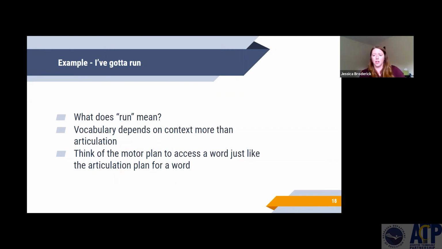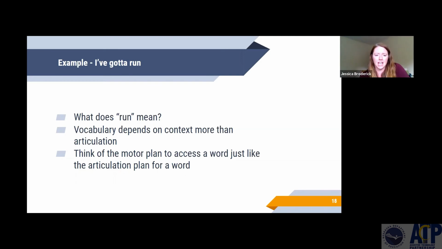The example I'd like to use for this is, again, that word run. If you are a speech language pathologist listening to this, you know that the R sound can be made with your tongue bunched up in the back of your mouth, or a retroflex R, where the tongue tip curls.